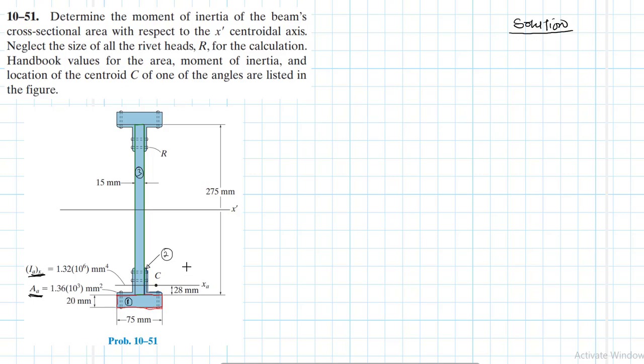So there we go. About the centroid, about the x prime axis, this is where we want to find the moment of inertia, right? So let's start with part 1. We draw at the very middle, part 1 like so.